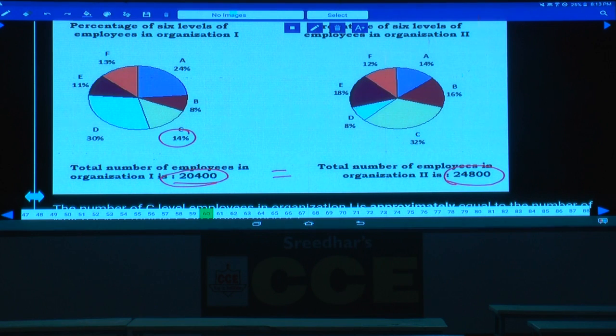So if number increased, now you have 24,800, but previous case we have only 20,400. Now if number increase happened in integer, then your percentage should be definitely less than 14. Did you understand? Your percentage should be definitely less than 14. And it should be definitely more than 10% as discussed. So answer, 12.